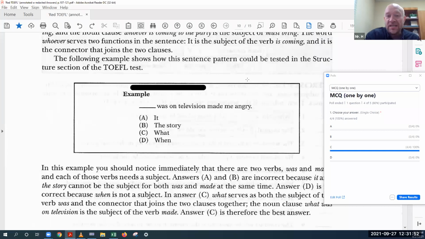Which one is the main verb from the main clause? Made. Yes, made is the main verb in the main clause. So was is the second verb. So what's missing? Subject and the connector. Right.